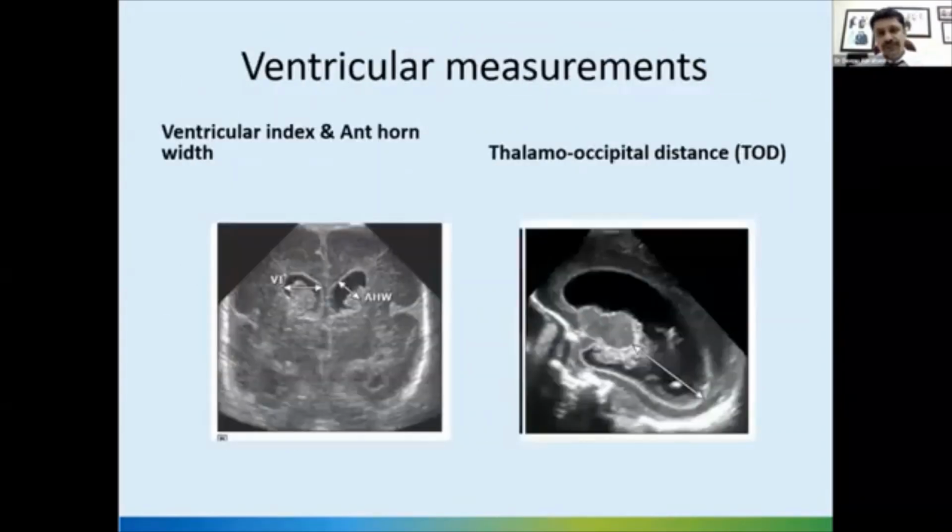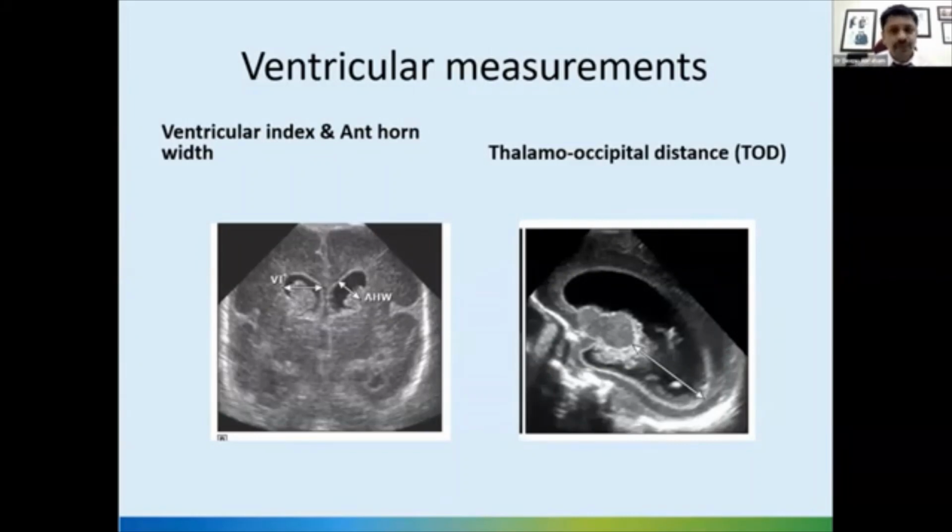So how do we monitor? Ultrasound is the most useful method in monitoring these cases, and the most common parameter that we use is the ventricular index. For the ventricular index, we do a coronal section at the level of the foramen of Monro, and it is measured from the midline, where the falx is, to the outer end of the ventricle, and it is expressed in millimeters.